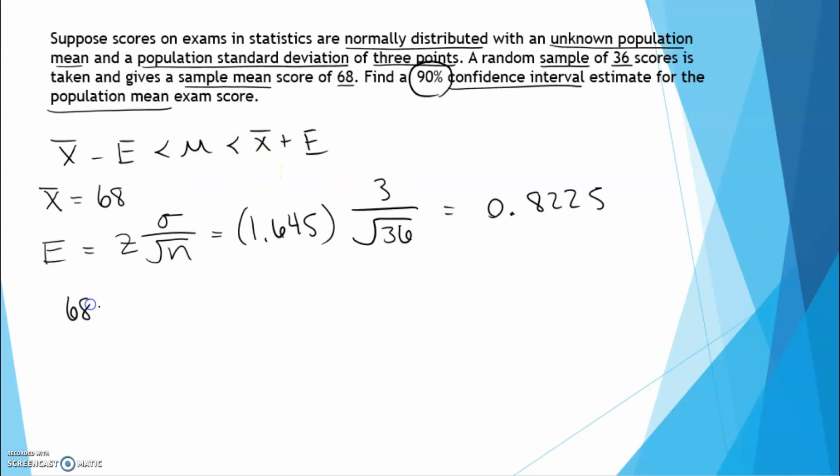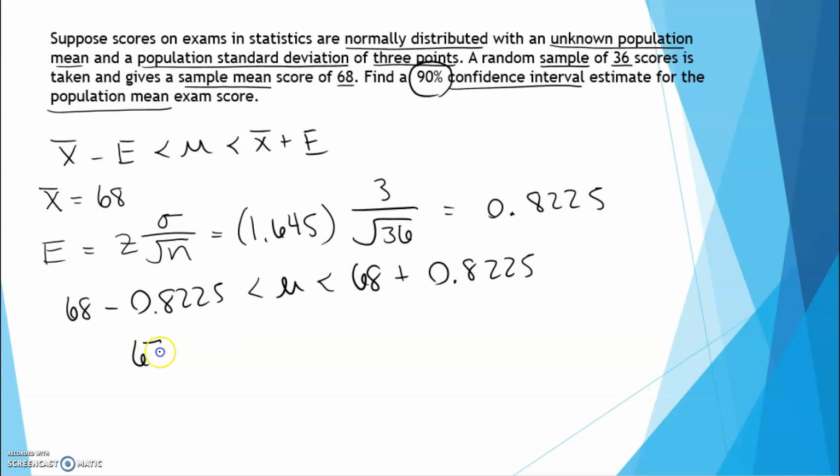So I have 68 minus 0.8225 less than mu less than 68 plus 0.8225. That's going to give me 67.1775 less than mu less than 68.08225.